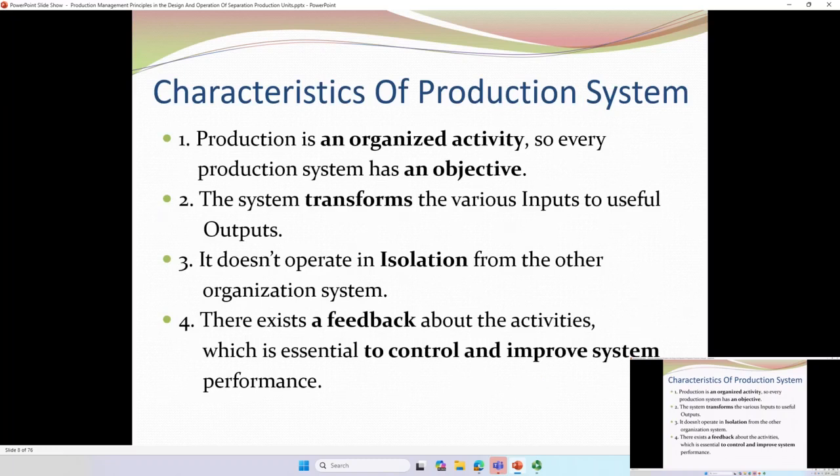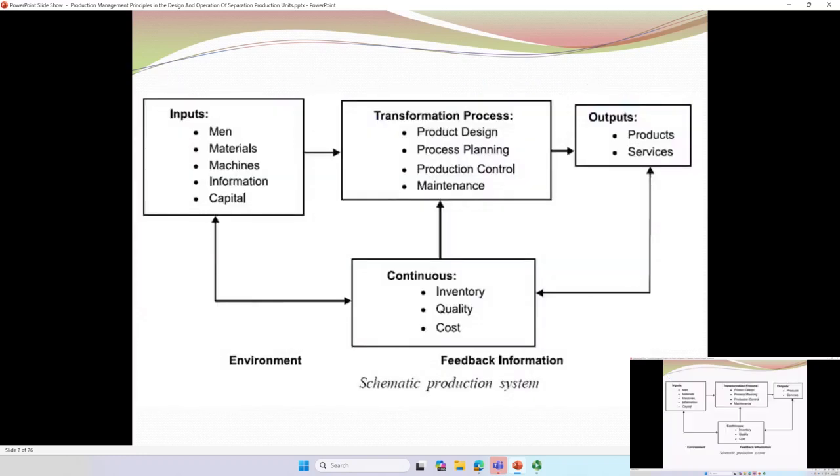Then the characteristics of a production system. A production system is an organized activity, so every production system has an objective. The system transforms the various inputs into useful output, and it doesn't operate in isolation. And there is always a feedback system. What connects input and output is the inventory.